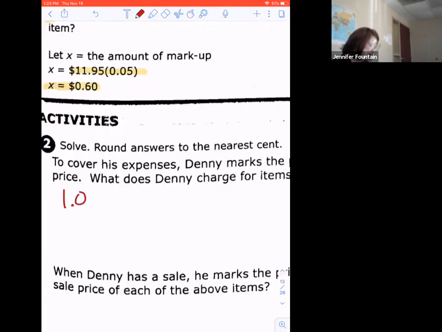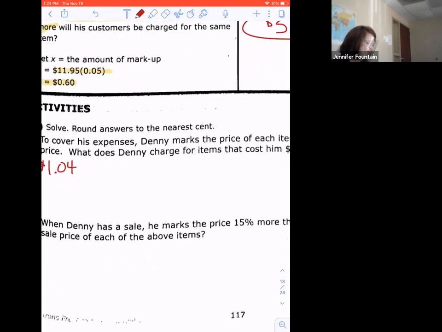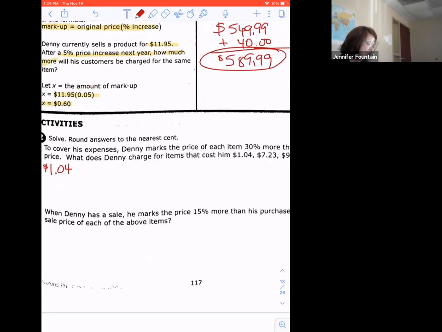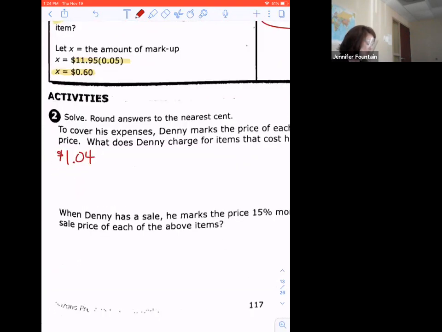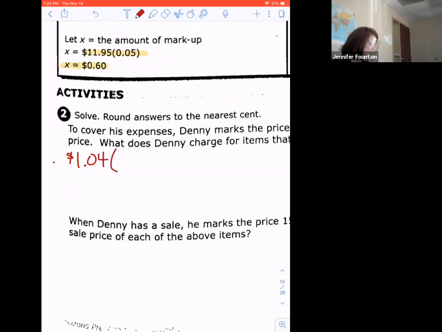If he starts at $1.04, what did we say his markup is? 30%. So what percentage are they going to be paying?